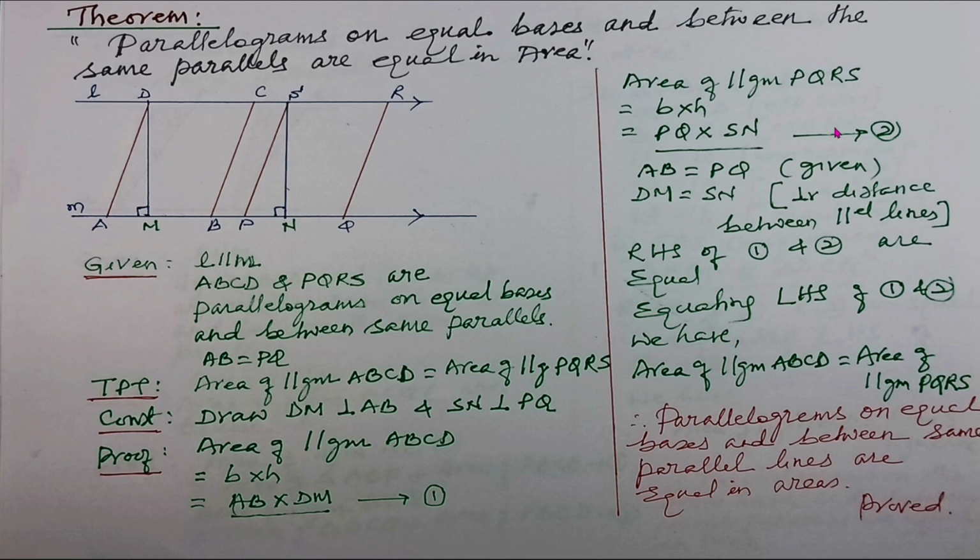Therefore the RHS of 1 and 2, that is AB into DM, is equal to PQ into SN. If RHS is equal, then we can equate LHS. Therefore, area of parallelogram ABCD is equal to area of parallelogram PQRS. So remember, parallelograms on equal bases and between the same two parallel lines are equal in area. A very important parallelogram theorem which you have to remember.